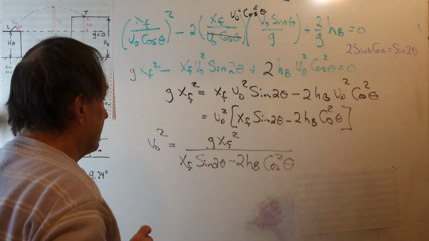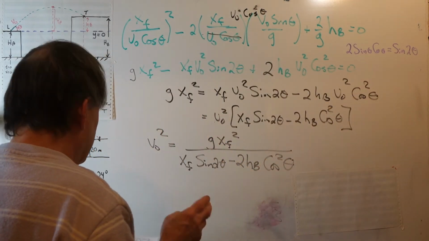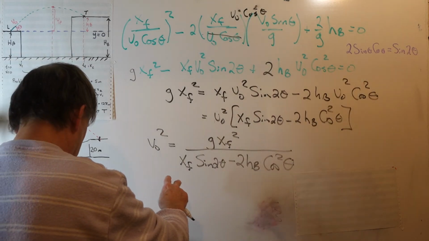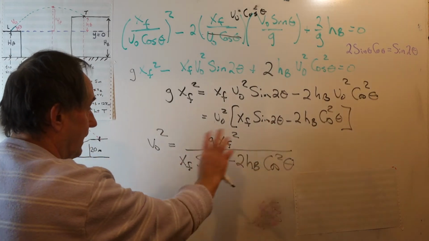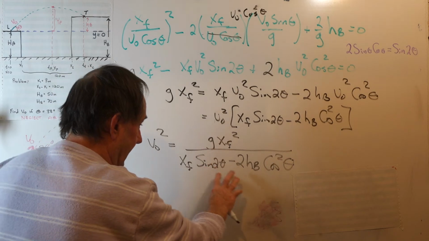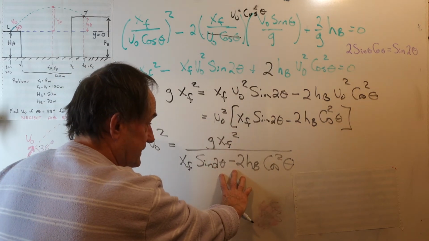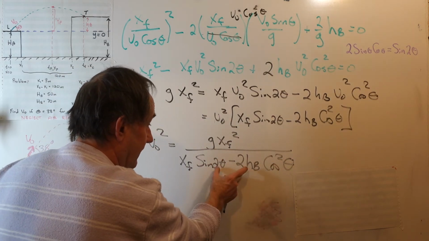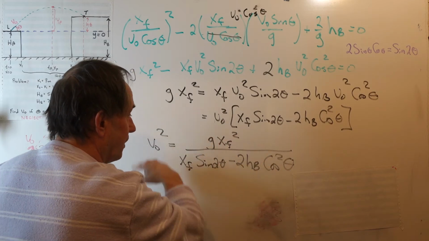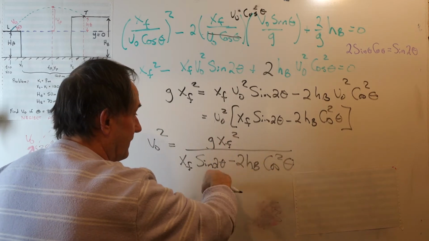However, this is a quadratic. So we need to find restrictions on V0 so that the denominator doesn't go to 0. See, we have a difference here, and this will blow up if the denominator goes to 0.